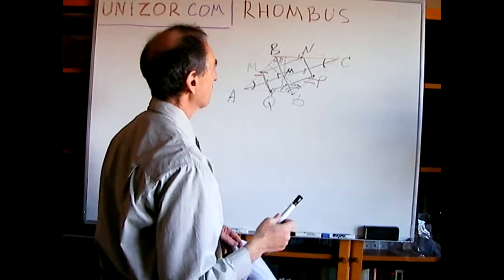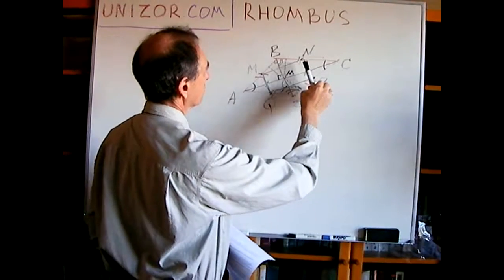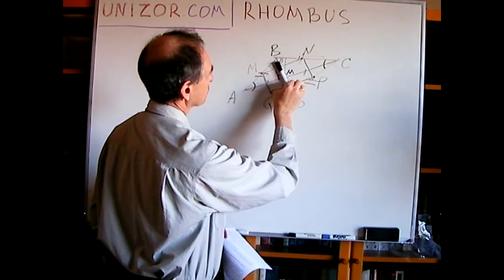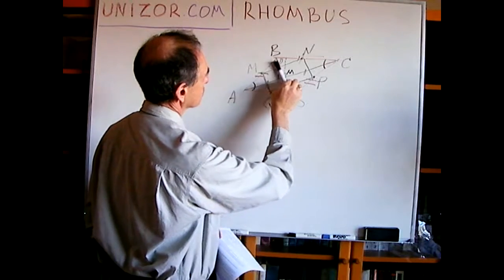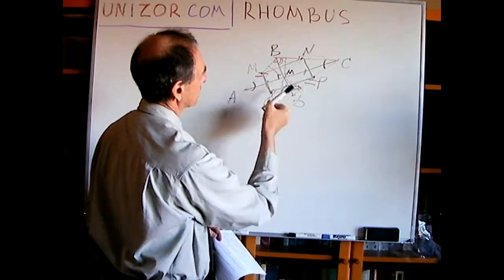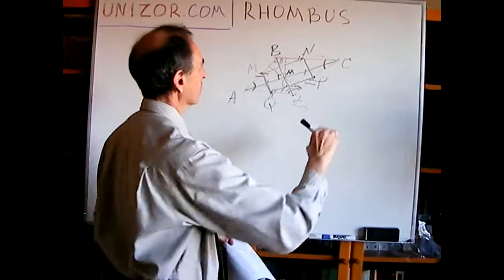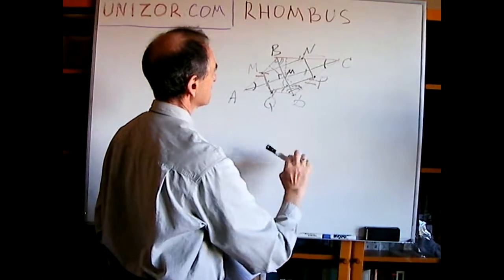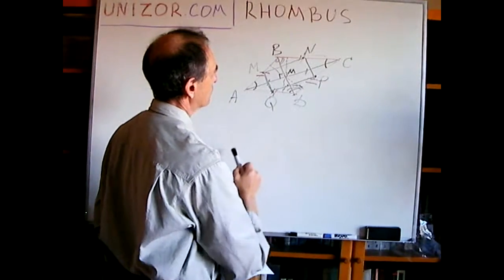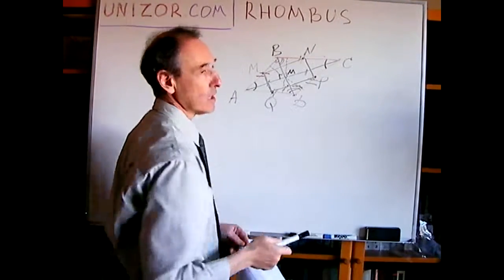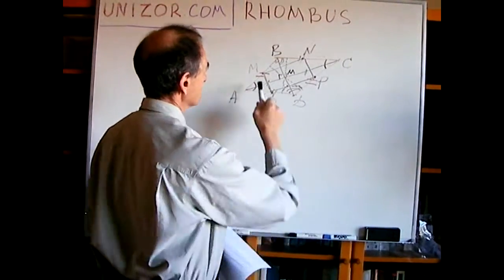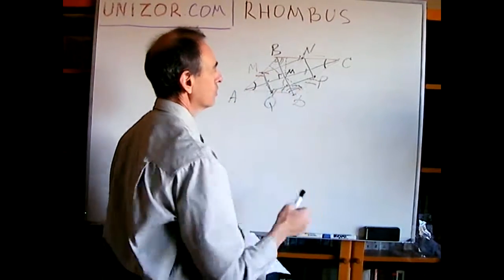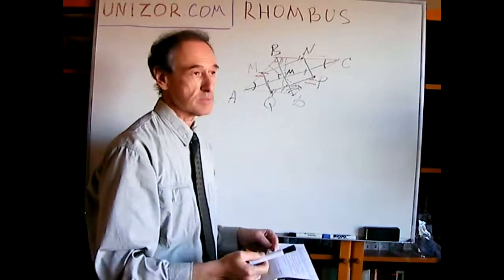Also, since it's a parallelogram, and we know that this is parallel to this, and this also is parallel to this. But we can do exactly the same logic and derive that MN is parallel to diagonal AC, and PQ is also parallel to AC. So MN and PQ are also parallel to themselves.